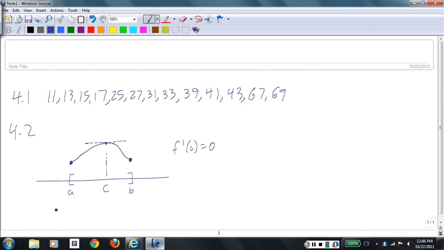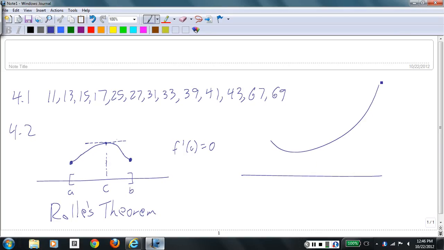The mean value theorem, so that's Rolle's theorem. The mean value theorem is slanted. It is slanted, but let's draw the x-axis, and then a curve, something like that.